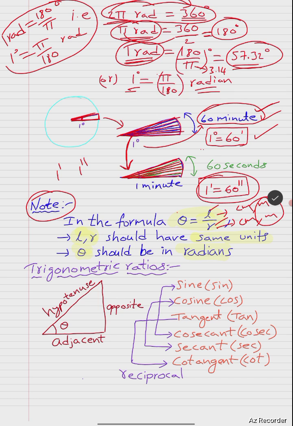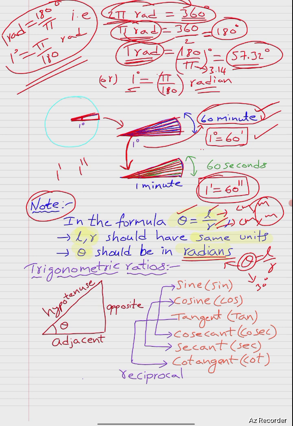Then the theta is measured in radians. In this formula theta equal to L by R, remember theta is always in radians only. If it is given in degrees, suppose in any problem it is given in degrees, you convert that to radians using these conversion factors, then use that equation.